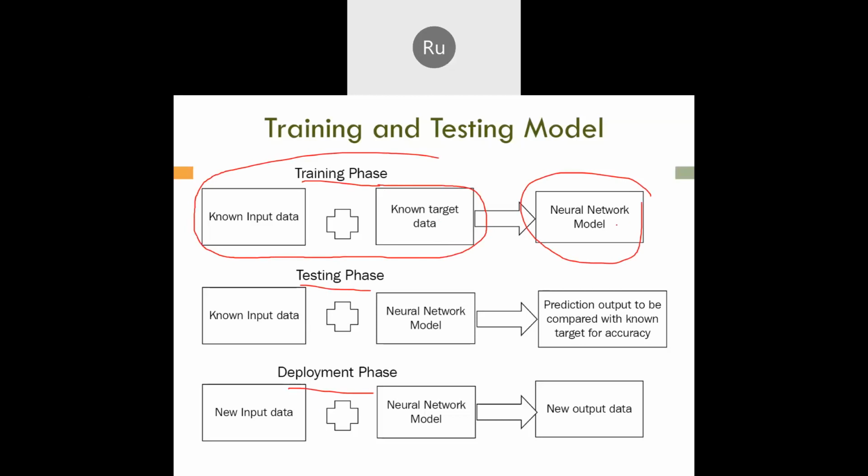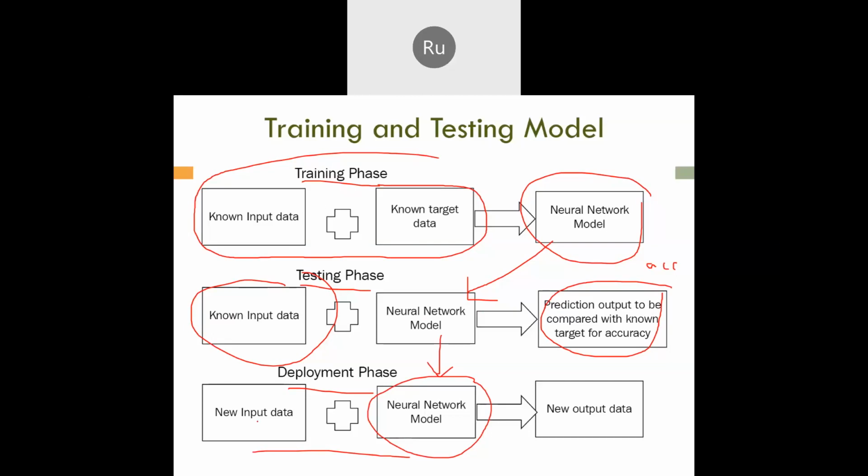Once we have trained the model, we use the testing data and compare the actual and the predicted values. This is how we compute the accuracy. Once we are satisfied with the model that we trained, we can deploy it for real world application.